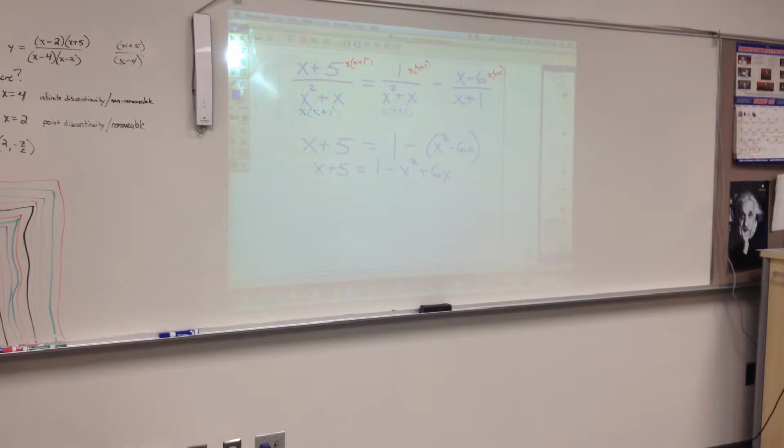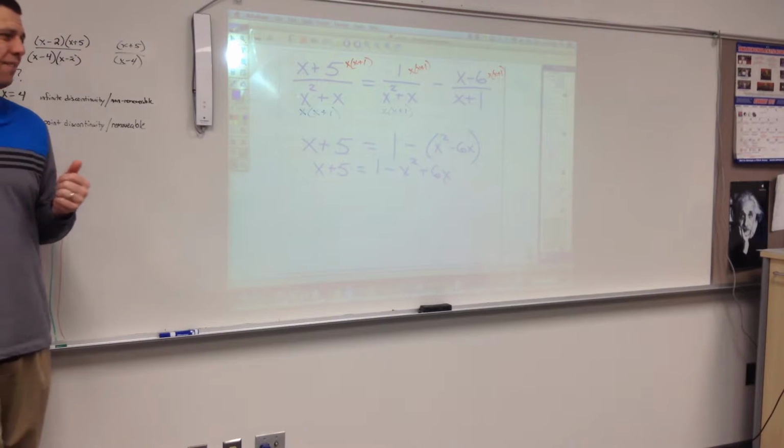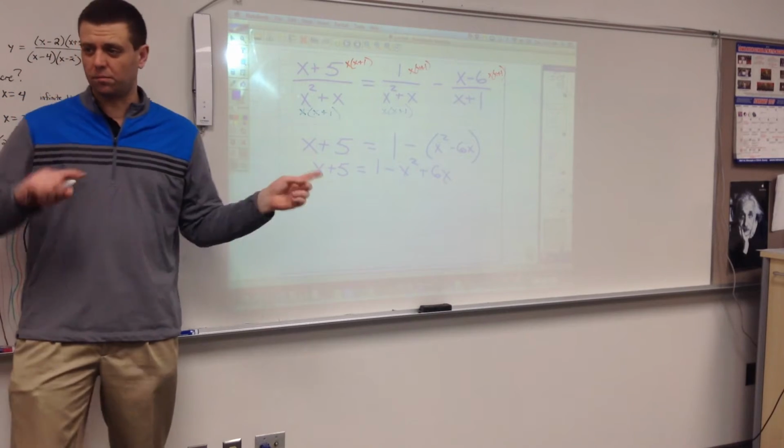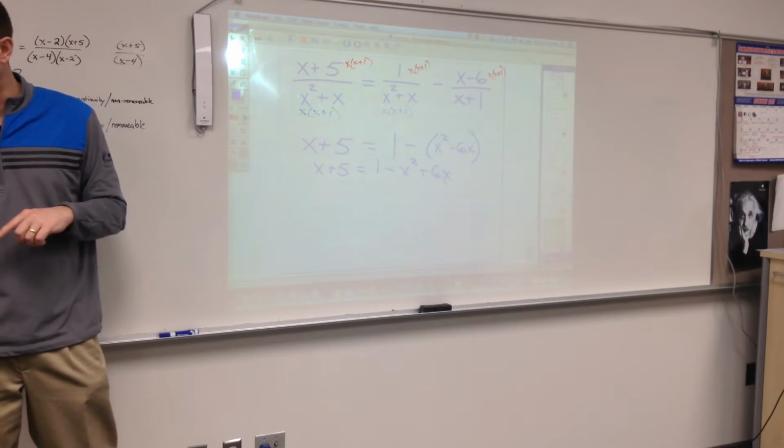Now this is a quadratic equation. How do you solve quadratics? Hopefully you can factor it. I hope you can factor it, otherwise you got to use the quadratic formula. If you want to factor it, you always want to set it equal to 0 first, and you always want to try and have your x squared term be positive. So I'm going to move everything over to the left side of the equal sign.